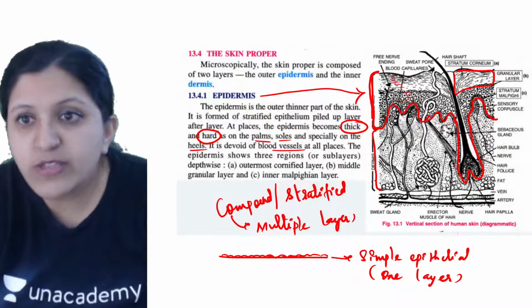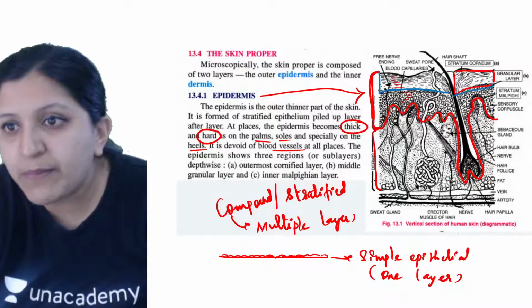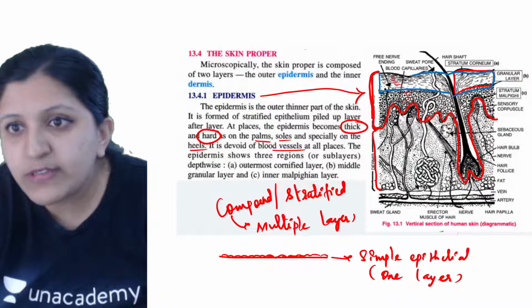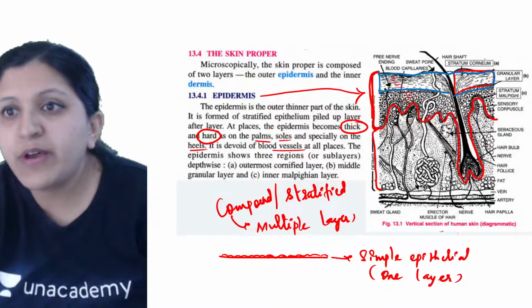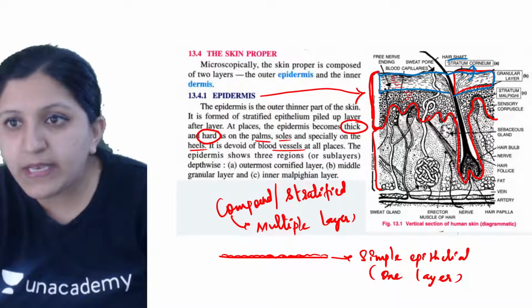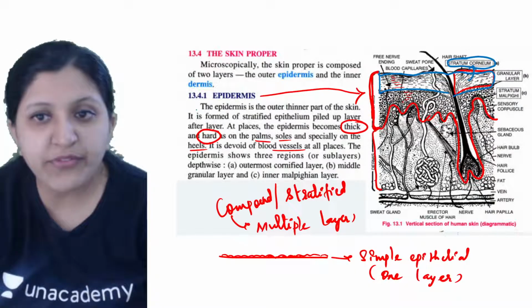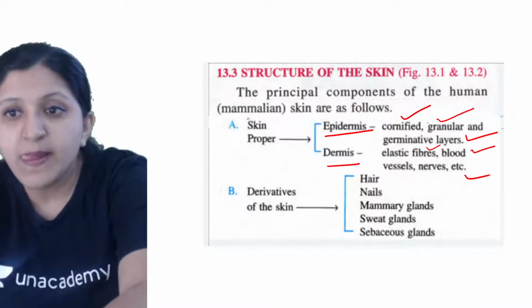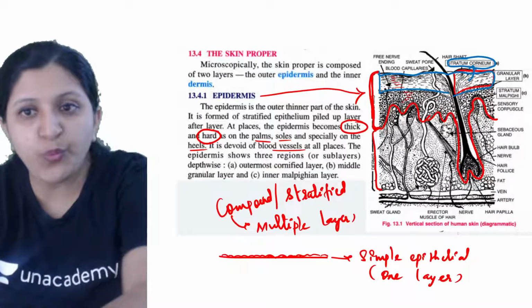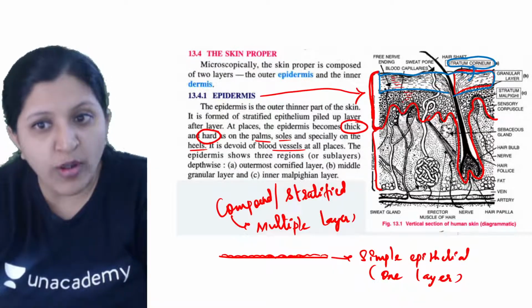This blue color what I am labeling here now, this part is going to give us the stratum corneum. This is completely the stratum corneum, or stratified corneum, or you can say cornified layer also. All right, so it is devoid of blood vessels at all the places.